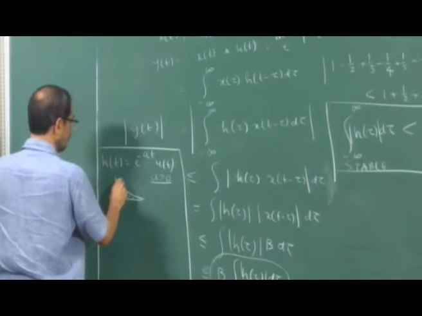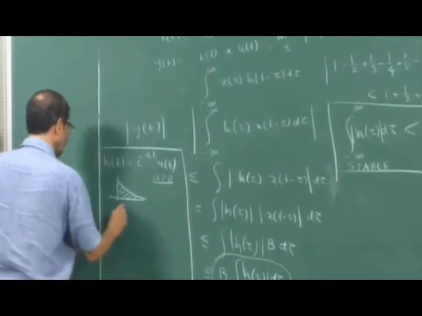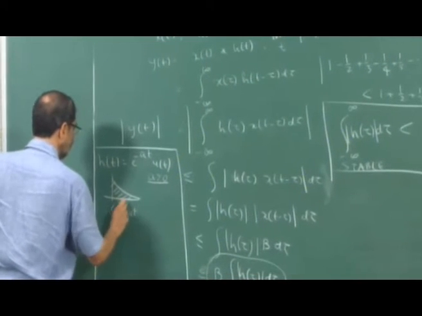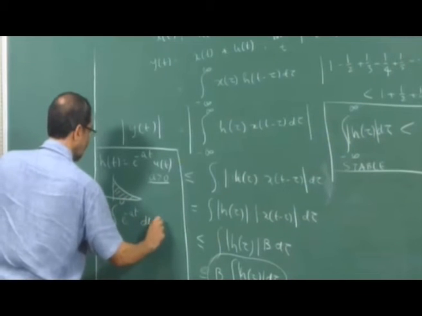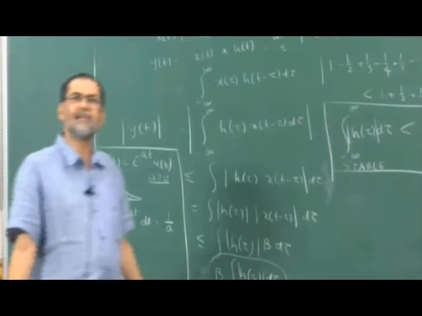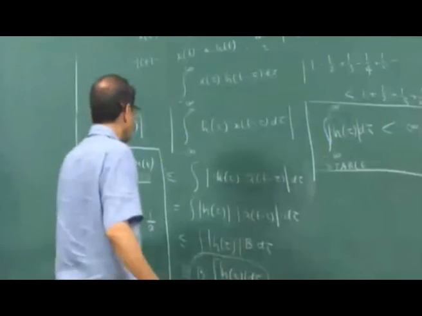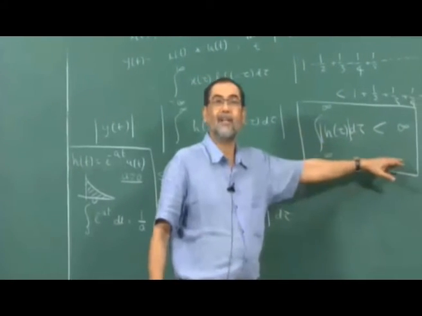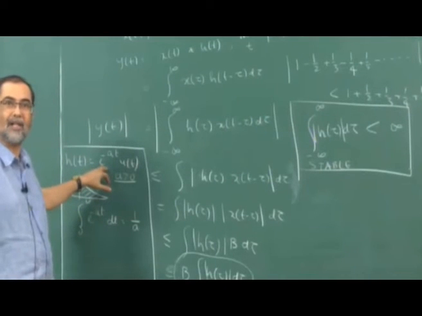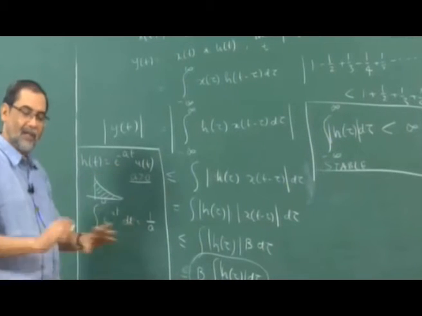If you find its integration, meaning the integral of e raised to minus a t u of t dt from 0 to infinity, this value is 1 by a, and a is some finite value, so it will be stable. So this integral is less than infinity. An impulse response which is decaying exponentially and defined for positive values of time is a stable system.